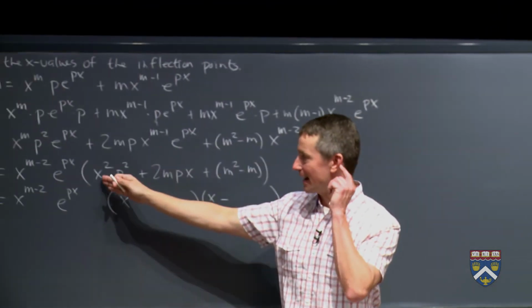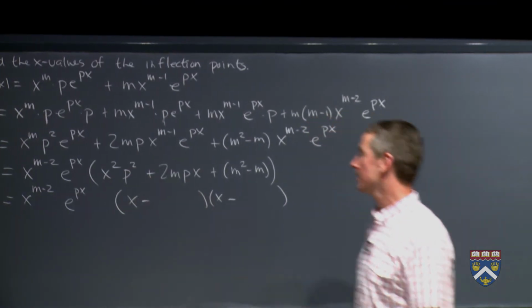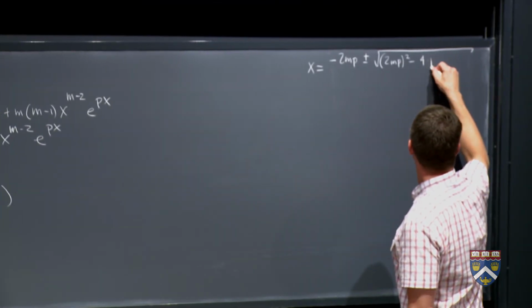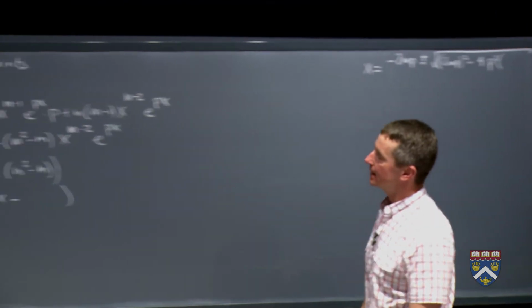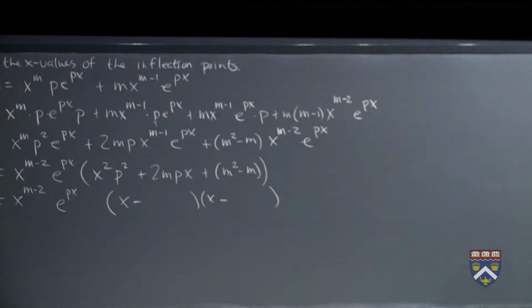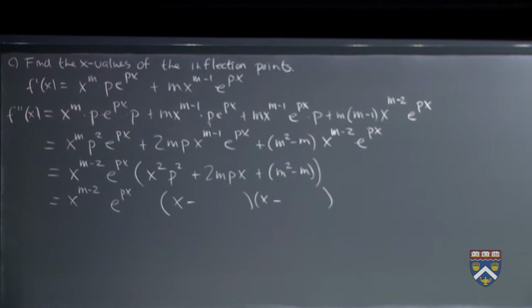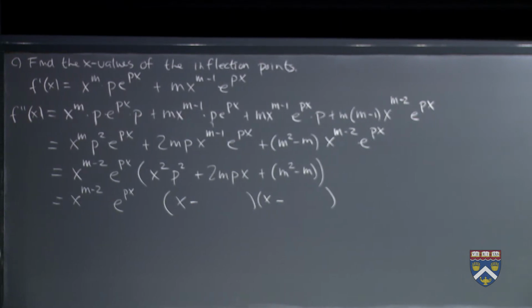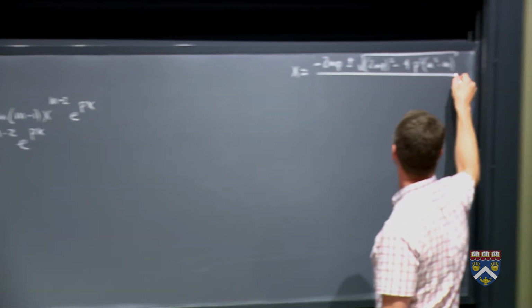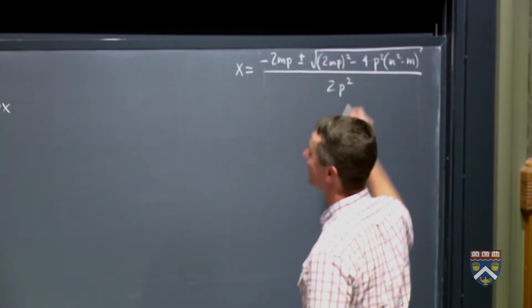A is the coefficient on x squared, which here is p squared. And c is the constant here at the end, m squared minus m. And then it's all supposed to be divided by 2a, right? So all over 2p squared.